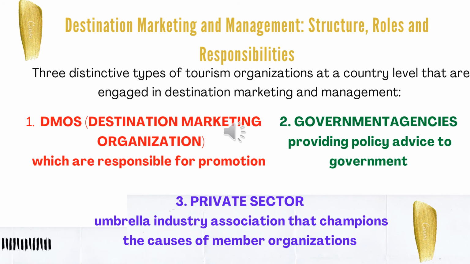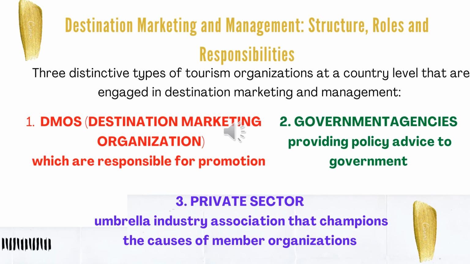Three distinctive types of tourism organizations at a country level are engaged in destination marketing and management. First are DMOs. You'll be hearing DMOs a lot in this subject. DMO means Destination Marketing Organization. They are responsible for promotion. What are they promoting?